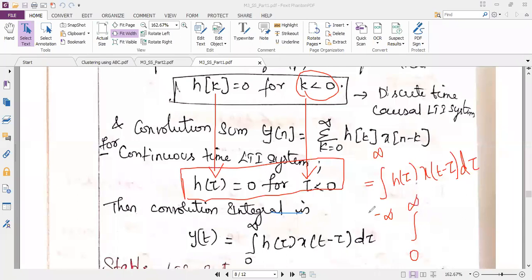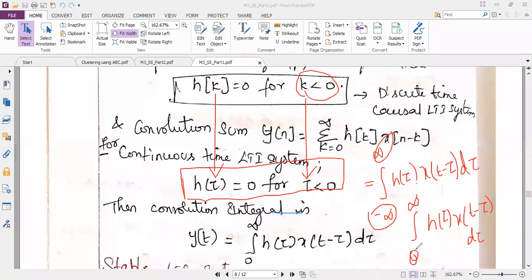So instead of writing minus infinity to plus infinity, let me write the integration from 0 to infinity, h of tau x of t minus tau d tau. I hope you all understand why it is from 0 to infinity, because for the negative values I am not getting any output.